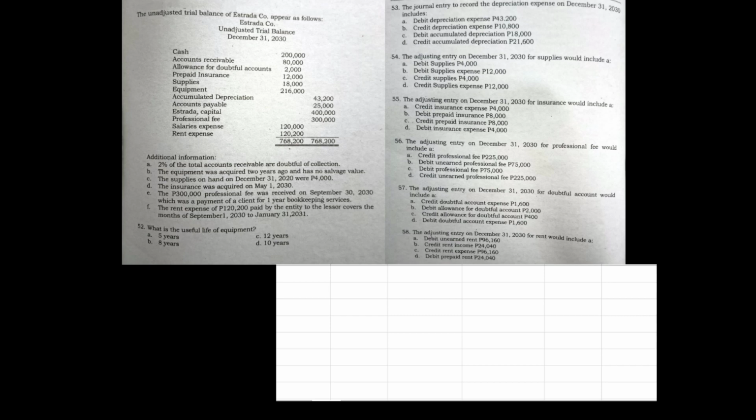So, additional information on letter E, the 300,000 professional fee was received on December 30, 2030, which was a payment for a client for 1 year bookkeeping services. So again, itong 300,000 na ito is good for 1 year na bookkeeping services.